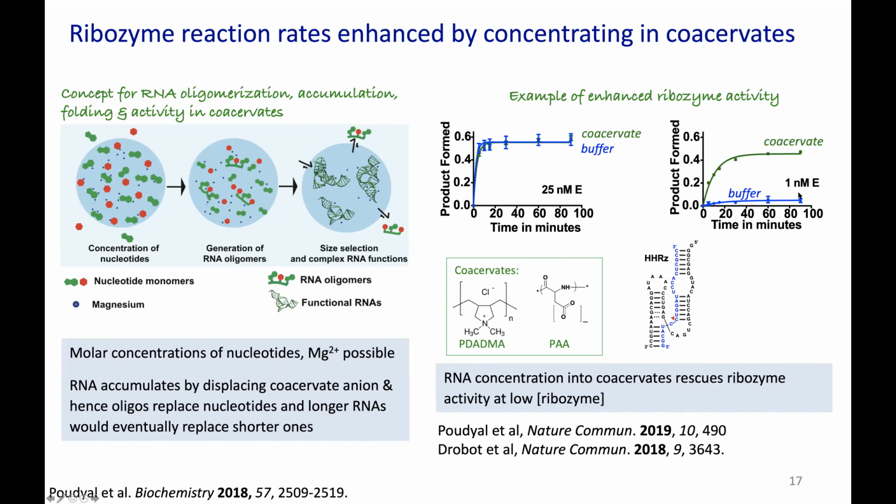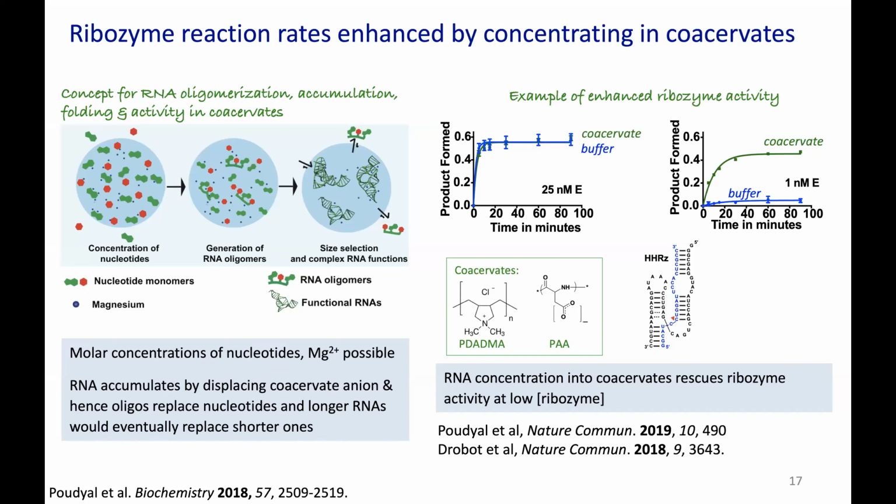But if you reduce the concentration of the enzyme, it doesn't work anymore in the buffer because its kinetics are concentration dependent. If you have the coacervates there, it's able to concentrate that RNA inside, and it doesn't take nearly as much of a hit to the reaction rate. These types of experiments have been seen in a couple different kinds of coacervates and now by a couple different labs.